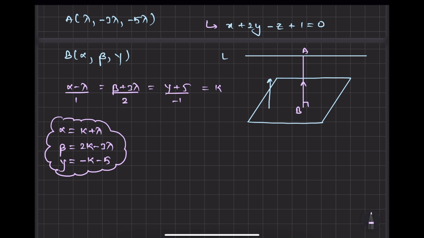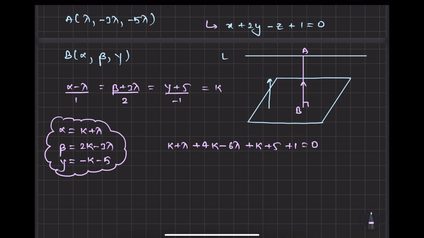So that's why we are substituting the point alpha, beta, gamma in the plane. So let's substitute. In place of x, I put k plus lambda. In place of y, I put beta, so it is 4k minus 6 lambda. Then z: minus of minus k minus 5 lambda, plus 1 equals 0. Now simplify things.